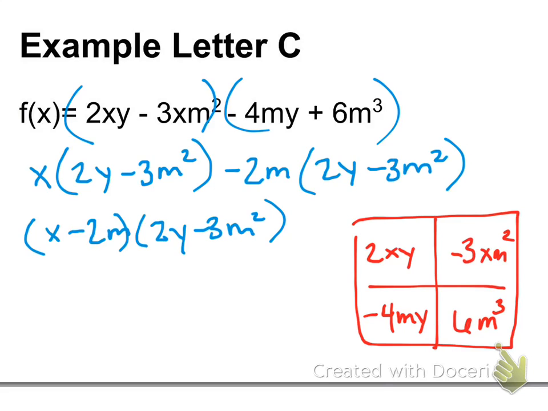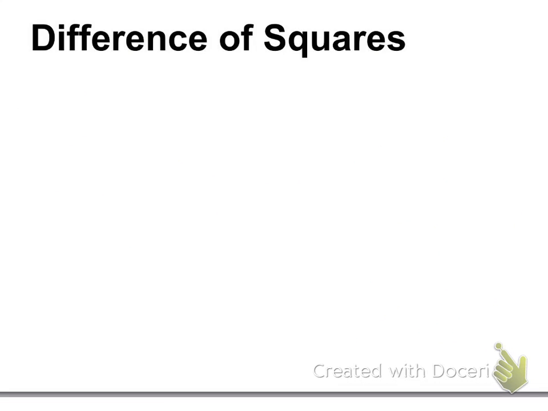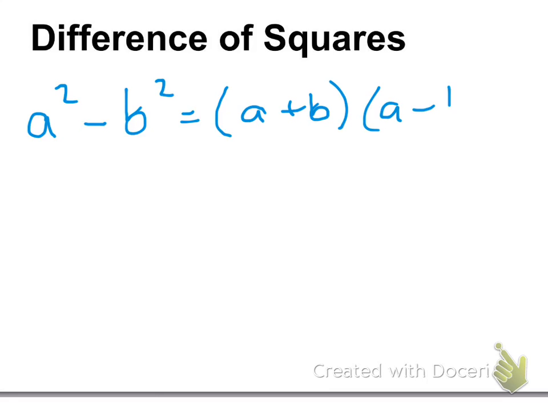Last thing I want to go over with you is something called the difference of squares. And the difference of squares, again, can only be used with quadratic functions. So a quadratic function means that it has to be squared. So the formula for a difference of squares says that a squared minus b squared will factor down to be a plus b, a minus b, always.